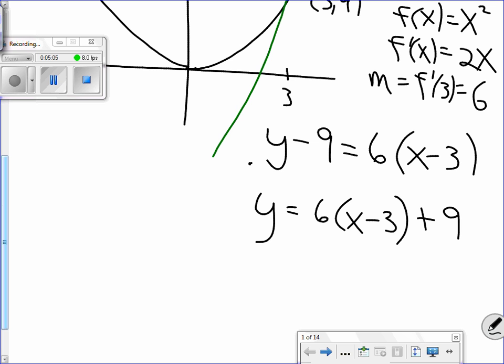Now we tend to call functions f of x, we use f of x for y or g of x. For tangent lines, sometimes you're going to see L of x, like L for line. So another way I could write this, instead of just y equals, I can write L of x equals.